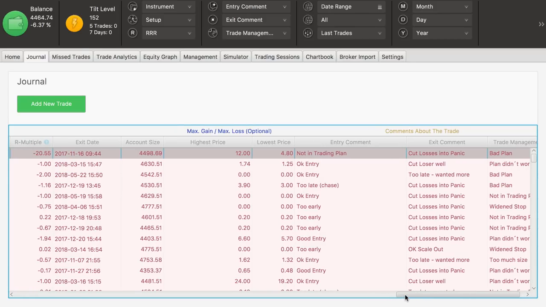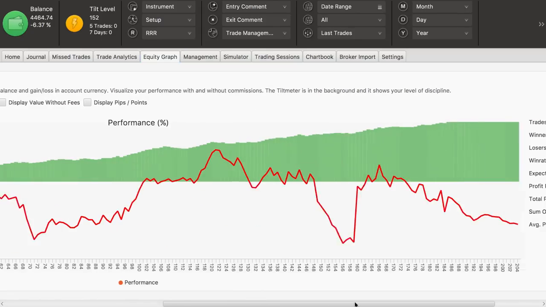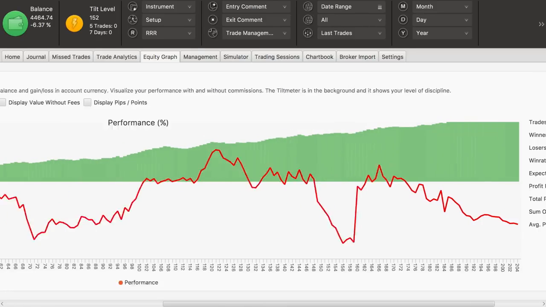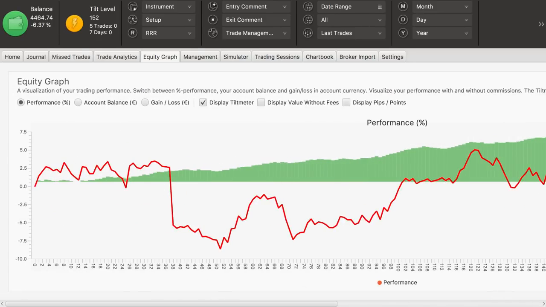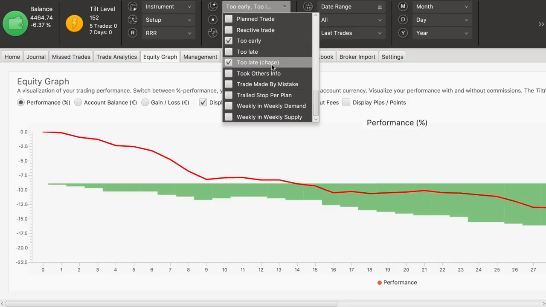We can take this a step further when we go here to our equity graph, and let's just take a look at the trades where he used those comments, and let's see how much he's really losing, because this can sometimes be a real eye opener. So keep in mind, we are in this journal on a -6.37 drawdown, or in a total loss overall. And let's just take those trades where he said he entered too early and where he chased the price.